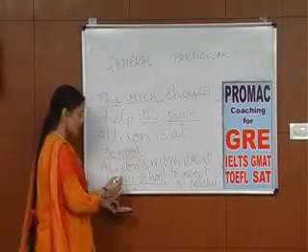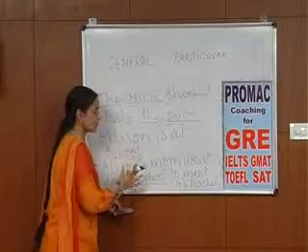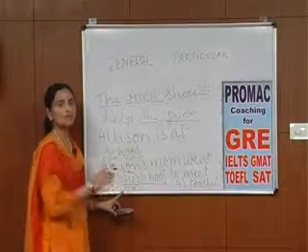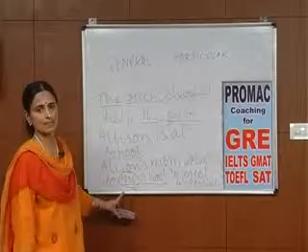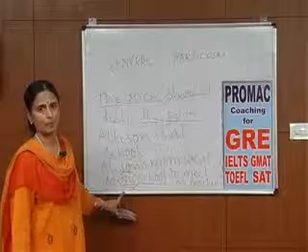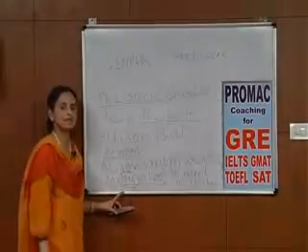So this is how there is a difference when you use a definite article, and there's a difference in meaning when you do not use a definite article. It depends on what you want to emphasize. Alright, so this is one of the usages of the definite article, the.